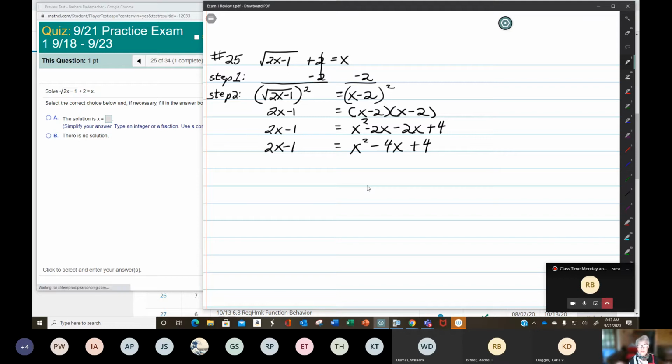Okay, now that I've got a quadratic equation, I have to pull everything over to the side where the x squared is positive and set it equal to 0.